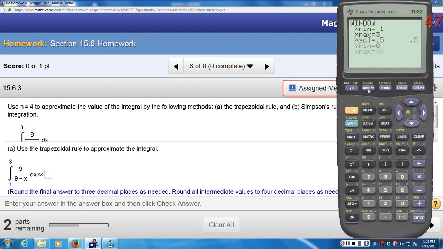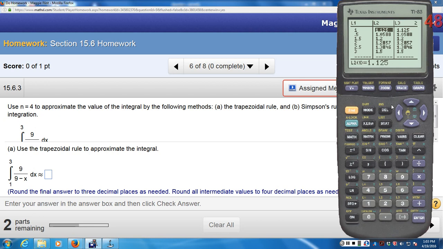No, it's 0.5. Okay, and since we're going to use both rules, I'm going to go ahead and copy the values over into list 3 from list 2. That way we don't have to do it again.